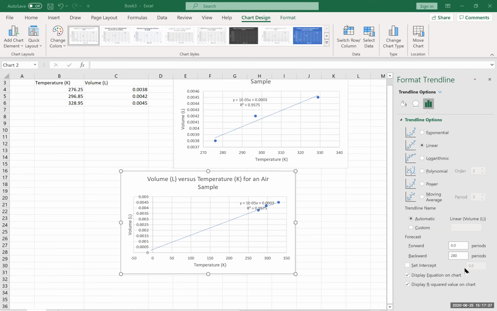So now what we're going to do, we're extrapolating our line until it intersects the x-axis. Looking at our plot, we have not quite intercepted our x-axis.